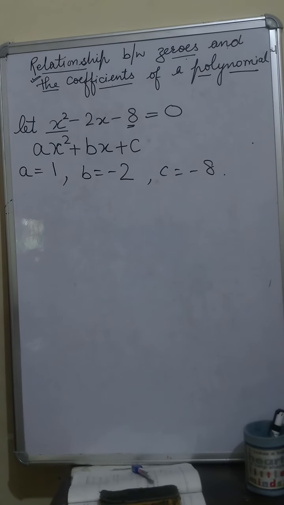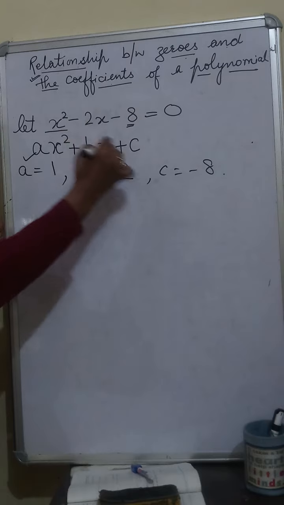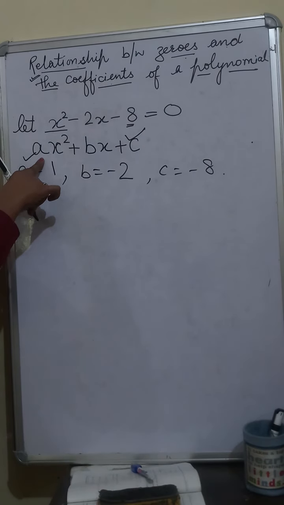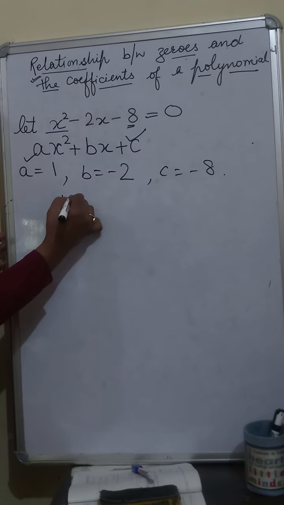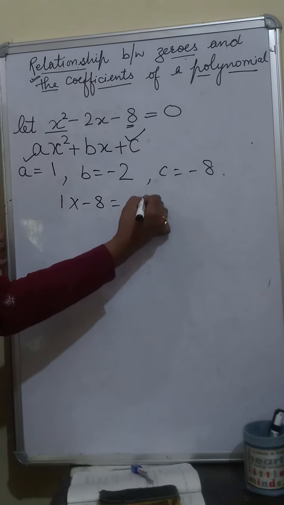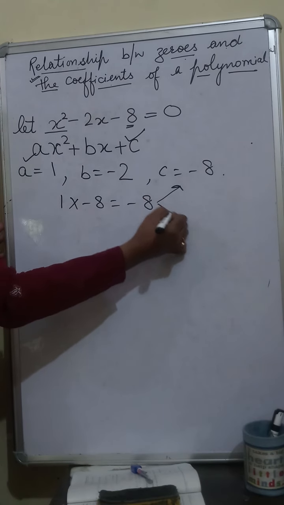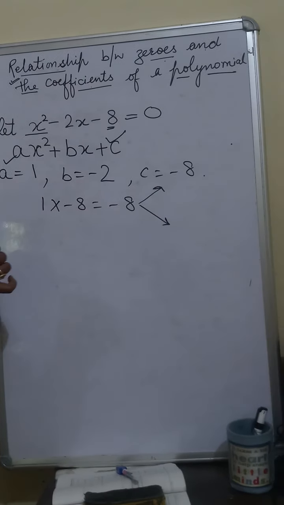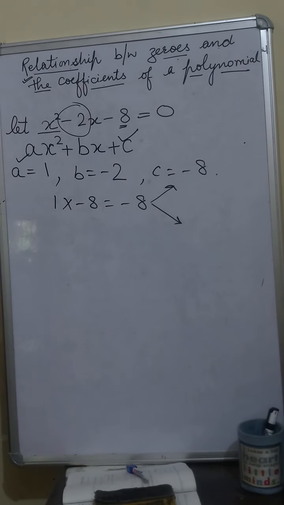And in the factorization method, what you used to do, you have to multiply these two coefficients, a into c. That means 1 into minus 8. The product will be minus 8, and you have to make the two factors of minus 8 so that the sum or the difference will equal minus 2.